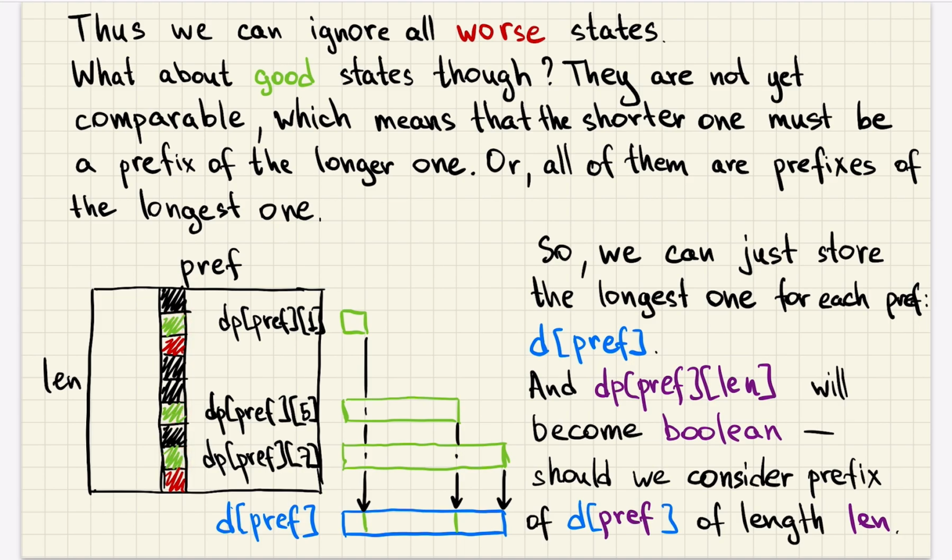Then the corresponding imaginary strings that correspond to those DP states are prefixes of given lengths of this long string that we actually store. So now, instead of actually storing the lexicographically minimum string with given length, we will store one string with length at most k and a Boolean array of which lengths are good.